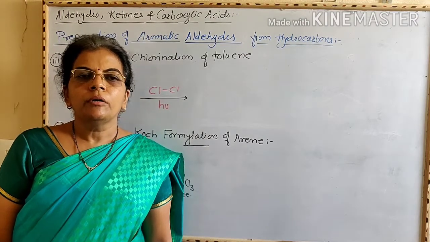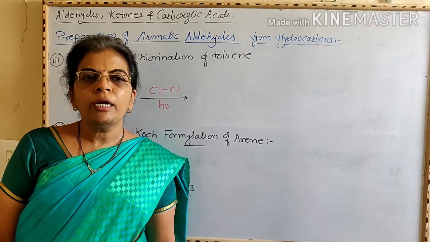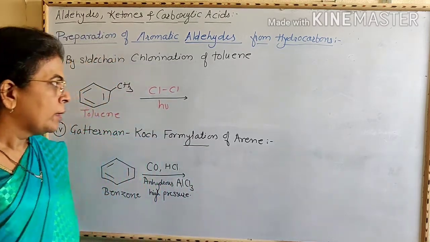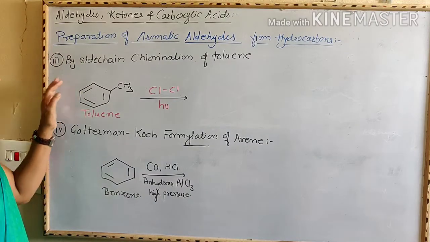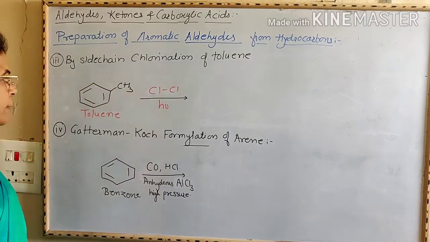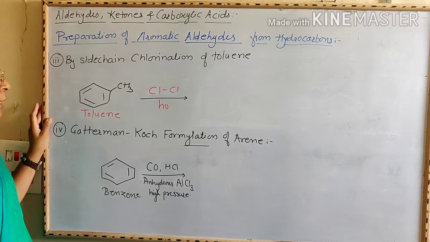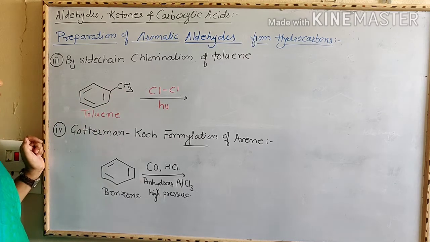The third method for the preparation of aromatic aldehyde using aromatic hydrocarbons is by side chain chlorination of toluene. Now this is toluene, that is C6H5CH3, with the CH3 group directly attached to the benzene ring.